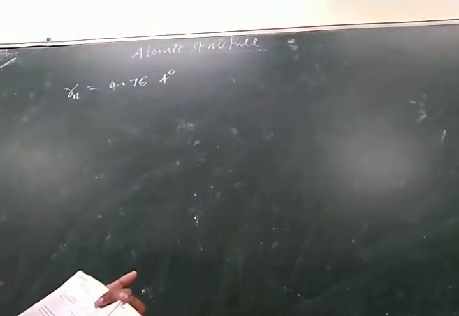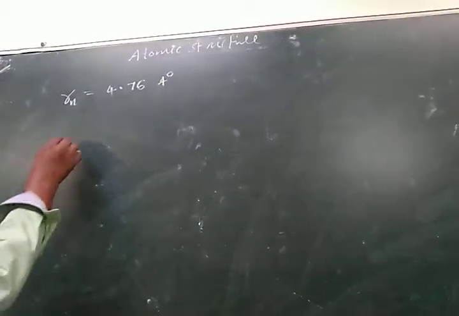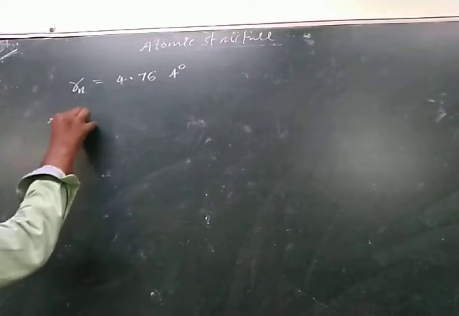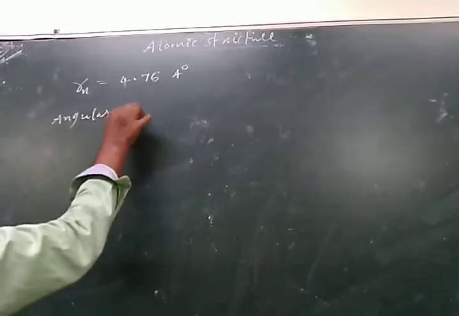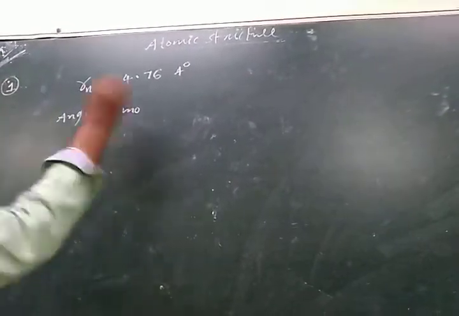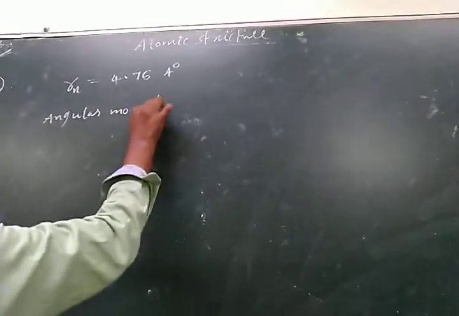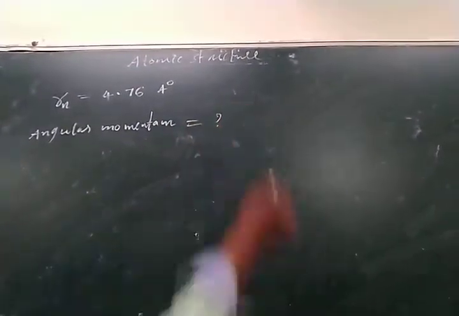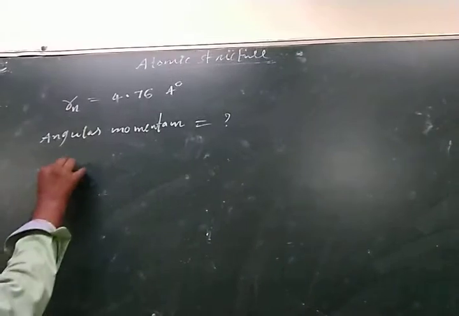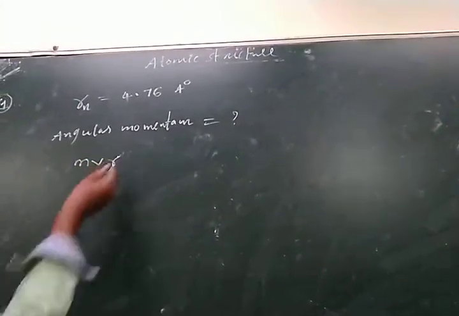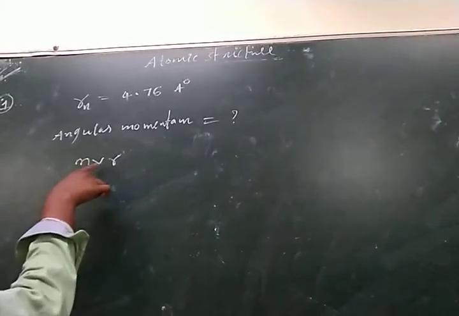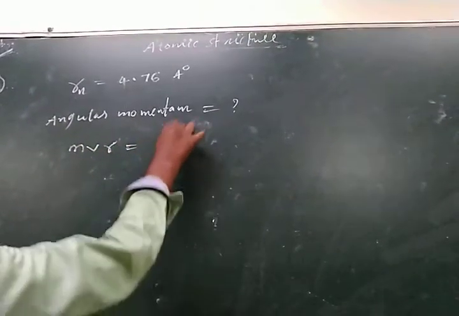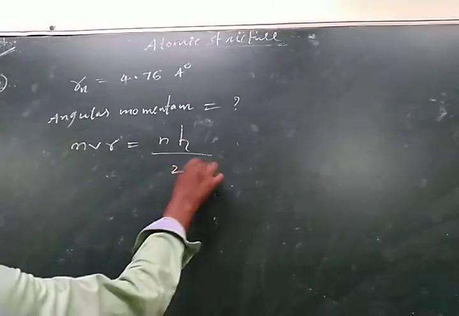The angular momentum of the electron is... Angular momentum is mvr, mass into velocity into radius. mvr equal to nh by 2 pi.